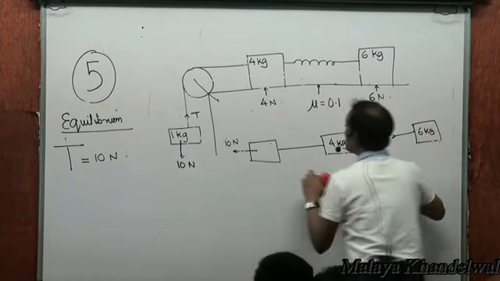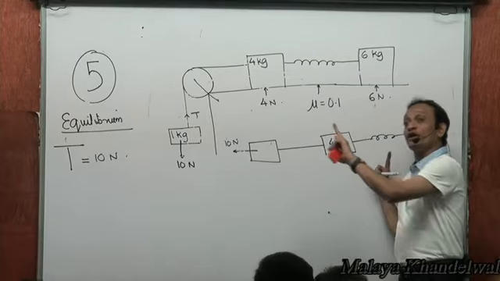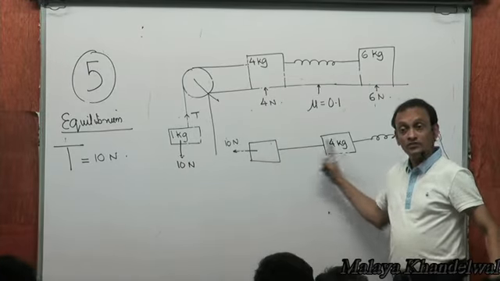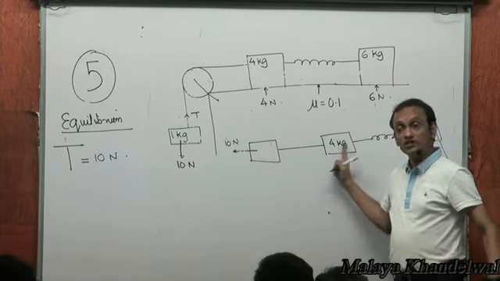Equilibrium means now, and I'm looking at the string and spring as part of the system. So in my free body diagram comprising this block, this block, this block, the spring and the string, the spring force and the string force will be internal, will not find a representation here, right?